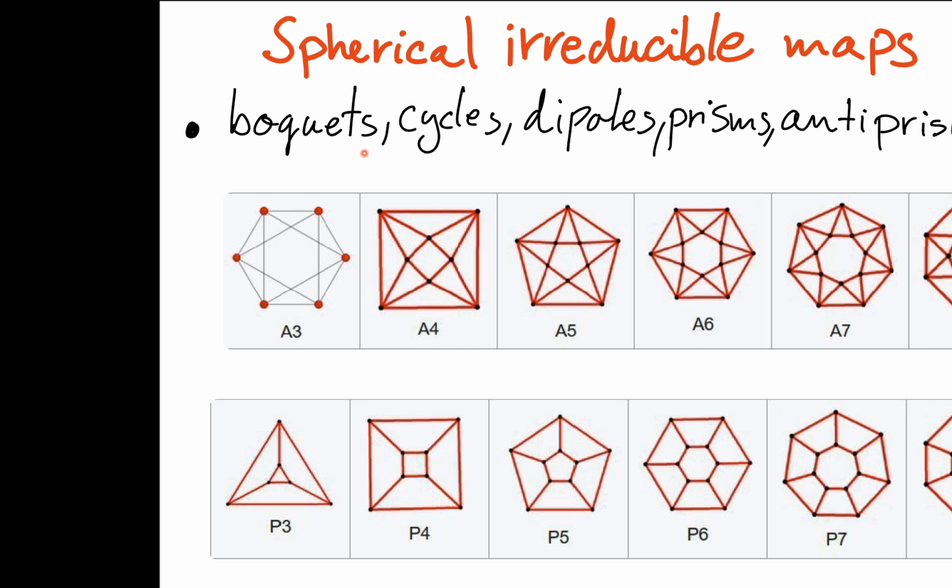These are, for example, bouquets, which are just loops with one vertex, cycles, dipoles, which are just multi-edges between two vertices, prisms, which we see here in the lower row, and antiprisms, which we see in the top row. These are the infinite families of spherical uniform maps. So the cyclic vector of face sizes must be the same at every vertex.